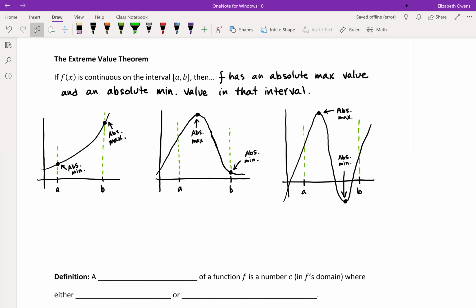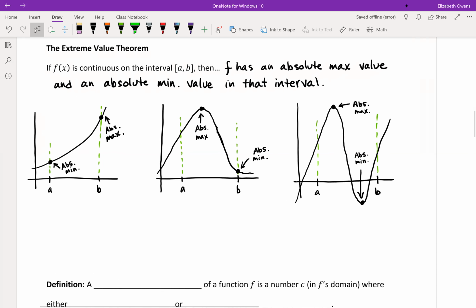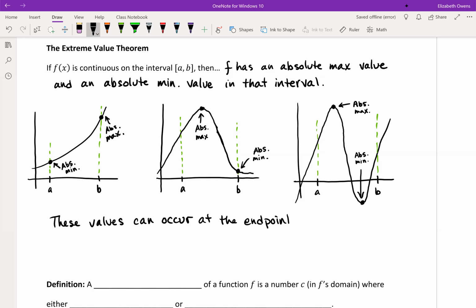There's no direct guarantee that we can see from these three examples that we will always get them at the endpoints. So these extreme values can occur at the endpoints of the interval, potentially, or they could occur somewhere in between.